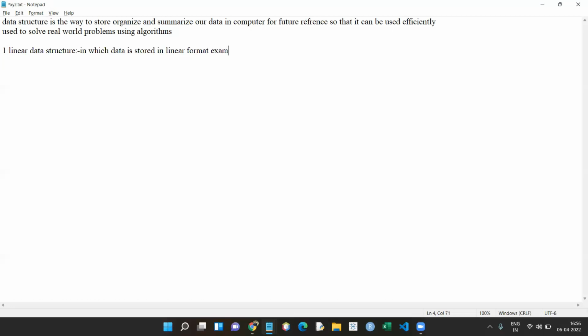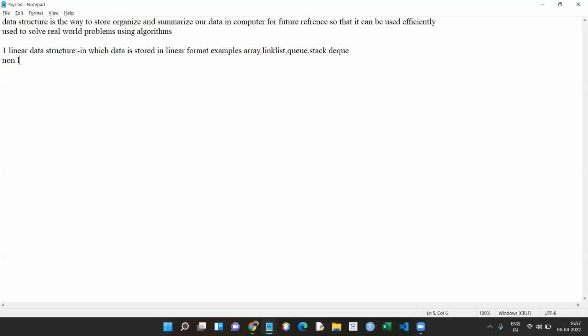What can be the examples? Examples are array, linked list, queue, stack, dequeue. These are all examples of linear data structure.